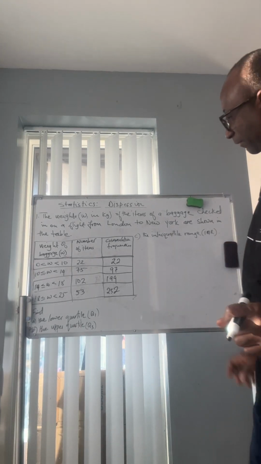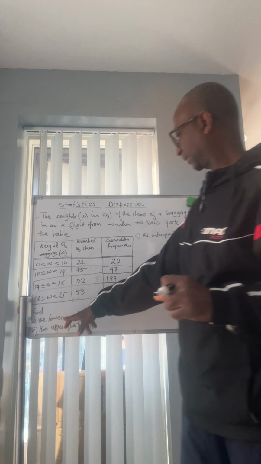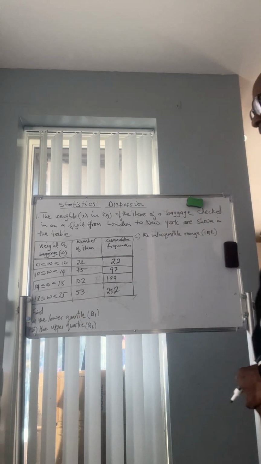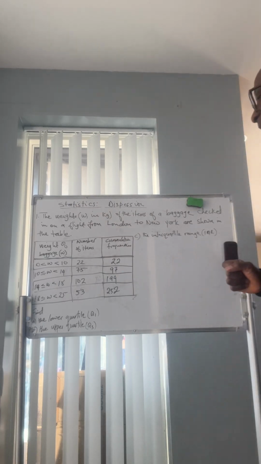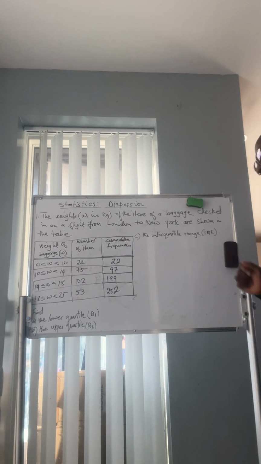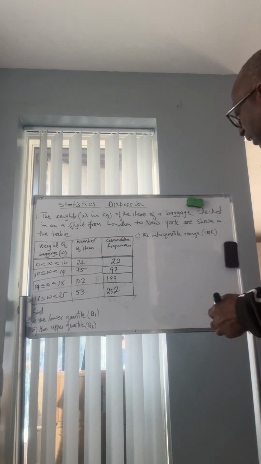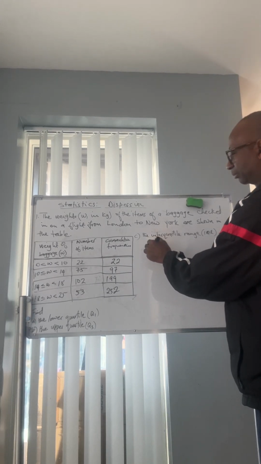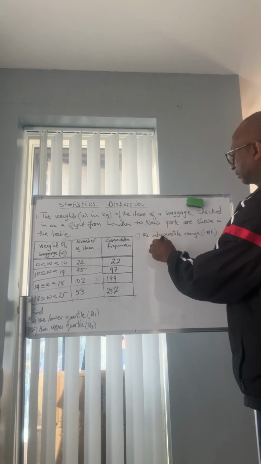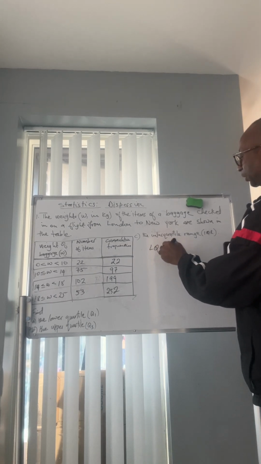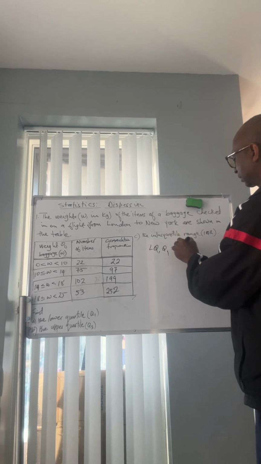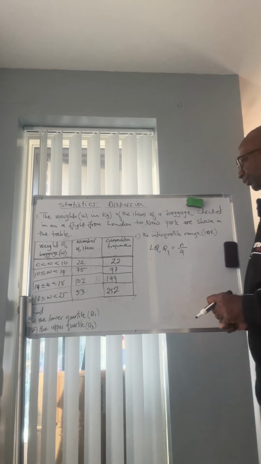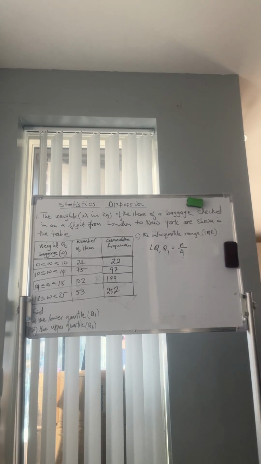So our first question says, find the lower quartile. Remember our introduction before, when they ask you to find the lower quartile from a data set, lower quartile, which is Q1, this is N over 4, right?